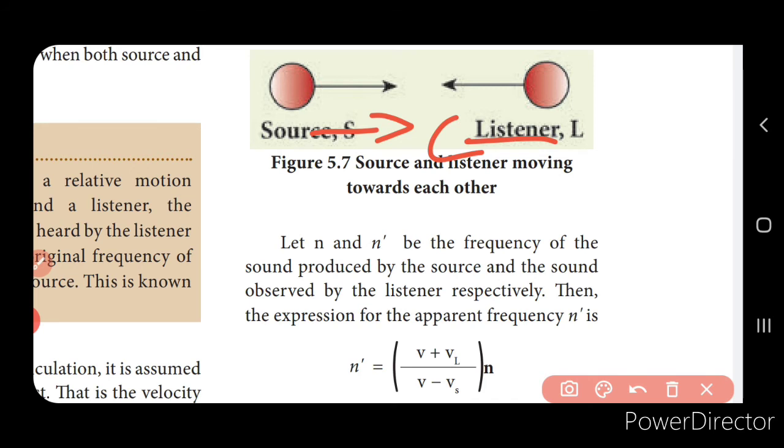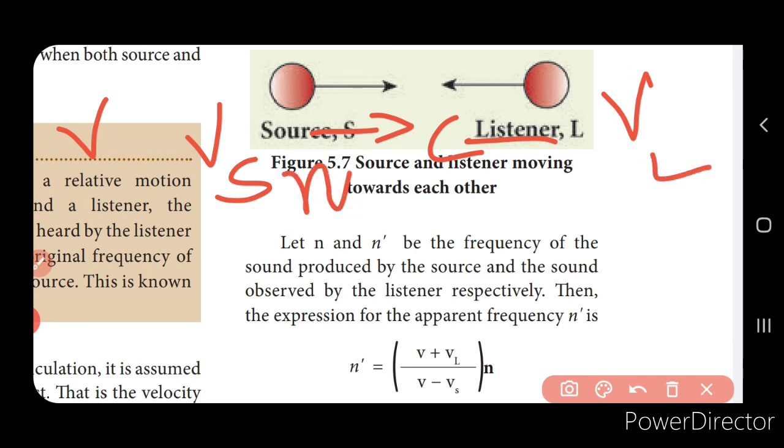Now if V is the velocity of the sound, Vs is the velocity of the source, VL is the velocity of the listener, N is the frequency of the source, and N dash is the apparent frequency, or the frequency of the sound that is heard by the listener, how will you calculate the apparent frequency? Apparent frequency is calculated using this formula, where N dash is the apparent frequency.